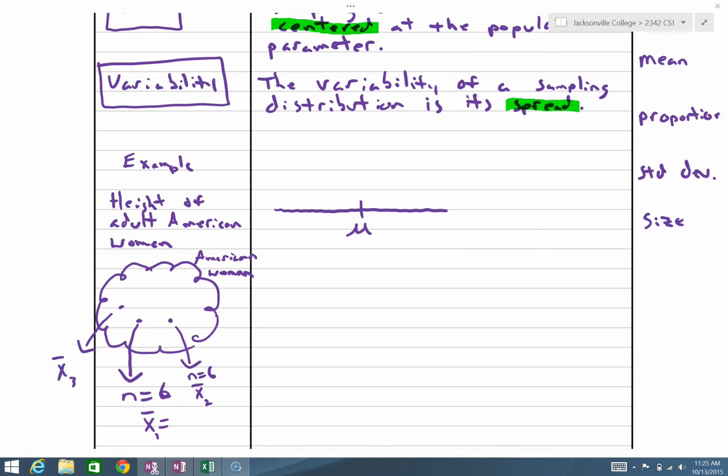If I were to graph these and they were all centered really nicely, here's my x bar 1 and here's my x bar 2 and over here's my x bar 3, and I've got another one and another one, and maybe they end up piled up nicely, real close to this mean.